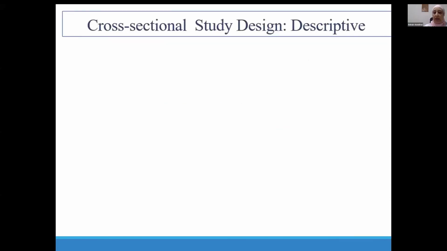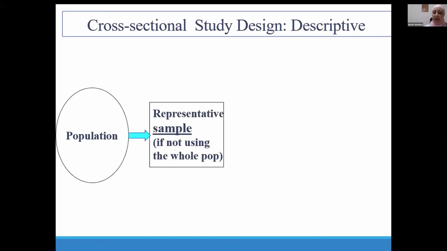So let me show you how the design of a cross-sectional descriptive study would look like. So if this is my population and I am taking a representative sample, if I'm not using the whole population. Of course, it would be all the more better if I can use the whole population, but it's very time consuming and it's actually impossible to include all the population in a study.